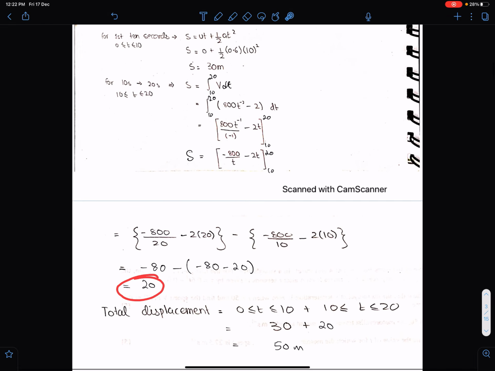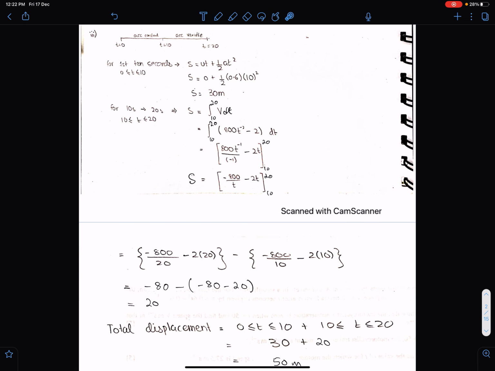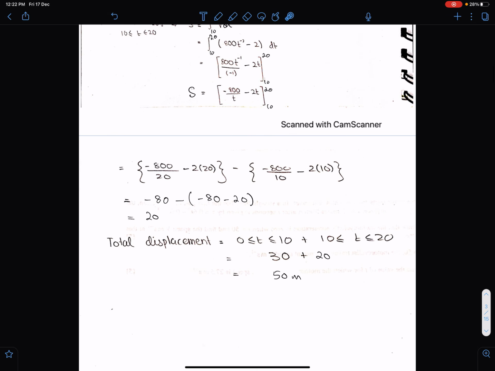You can check this again. See, the first displacement A to B is 30 meters, and when you solve this equation, you will get 20 meters. Therefore, total displacement is 50 meters.